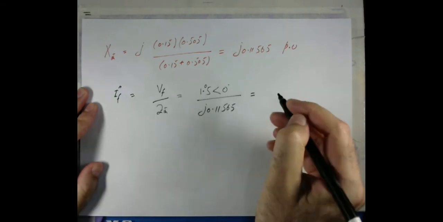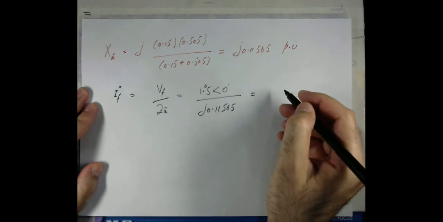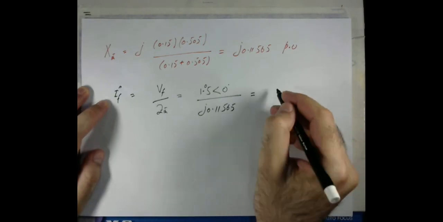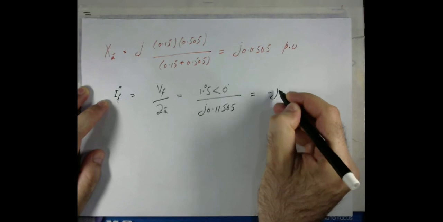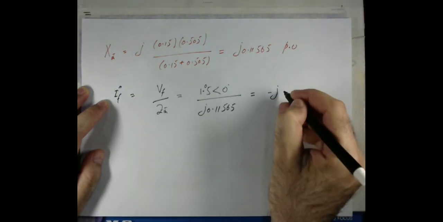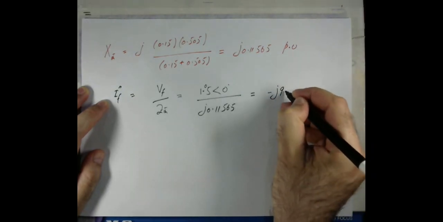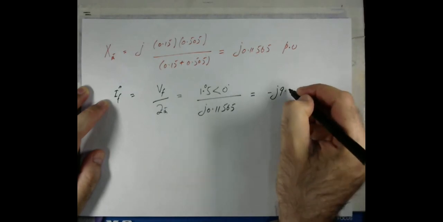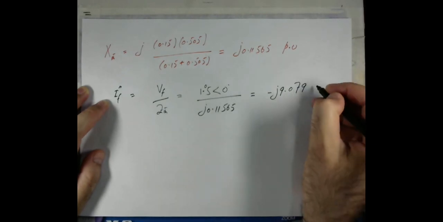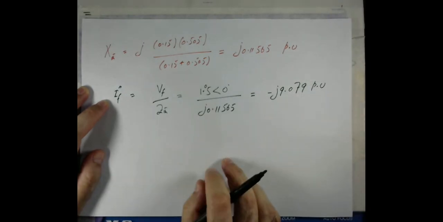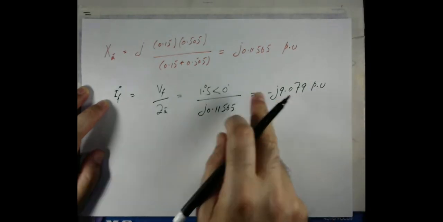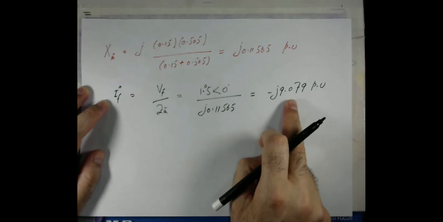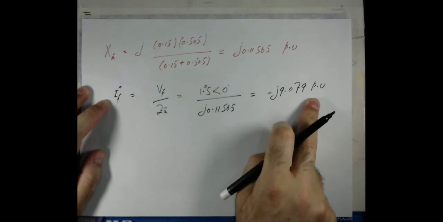That will give us the subtransient current of a value minus J 9.079 per unit. So that is the value of the subtransient fault current, which is 9.079 per unit value of the current.